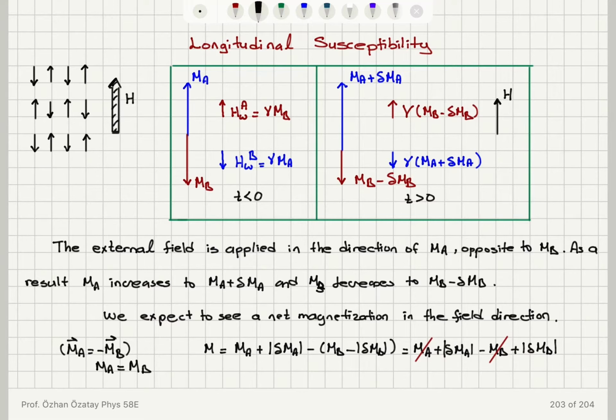So the magnitudes will cancel each other, and we will have delta MA plus delta MB as the net magnetization. So the net magnetization magnitude equals delta MA plus delta MB.